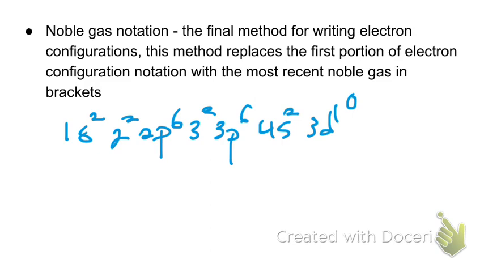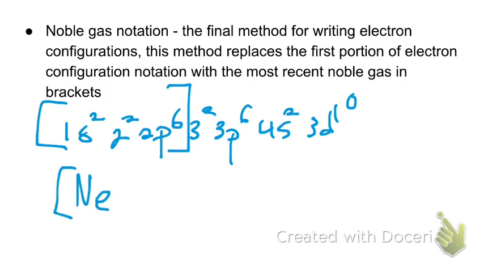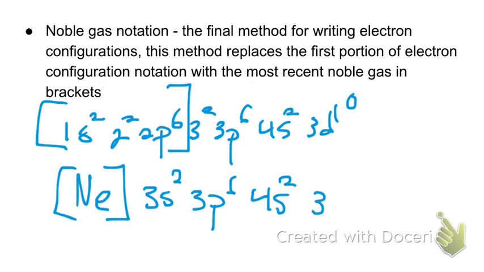And so what people want to do to simplify this is to take this section that represented neon, and instead of writing all of that out, we would just take the chemical symbol for neon, put it in brackets, and only write the portion of the electron configuration that was different from neon's on the outside, therefore shortening how much I had to write.